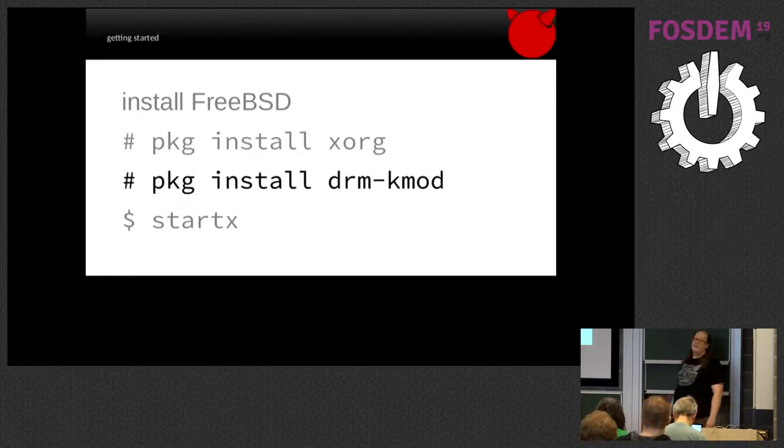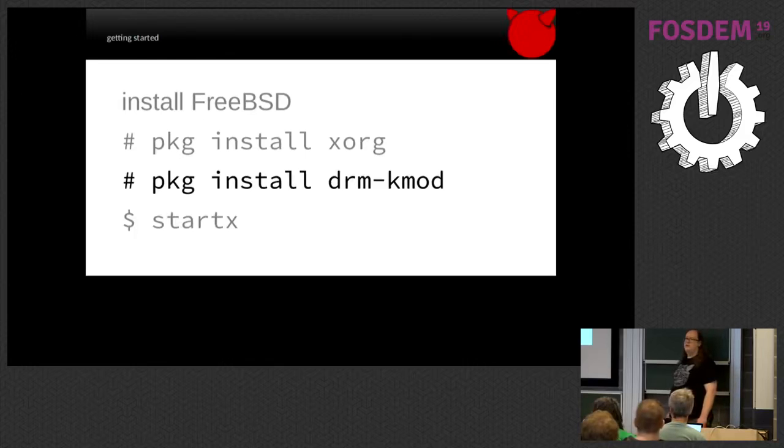Then you need the driver. As I said, just pkg install drm-kmod, which will select the right driver for you. A bit of a caveat: if you're not running a release version of FreeBSD, and if you're running a custom kernel, and especially if you're running current, instead of installing the package of the driver, build it from ports.